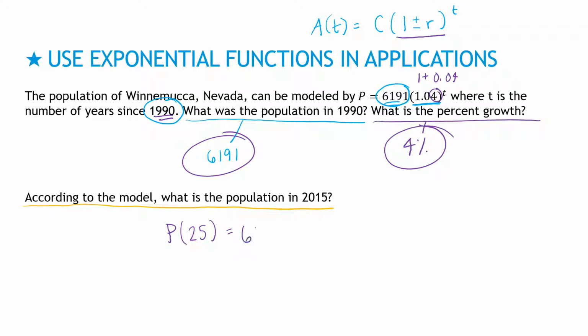So I'm just going to plug 6191 times 1.04 to the 25, just like that, into my calculator. And I get 16504. And because we're talking about people here, then I'm going to just leave it just like that. And I would round up if I needed to.